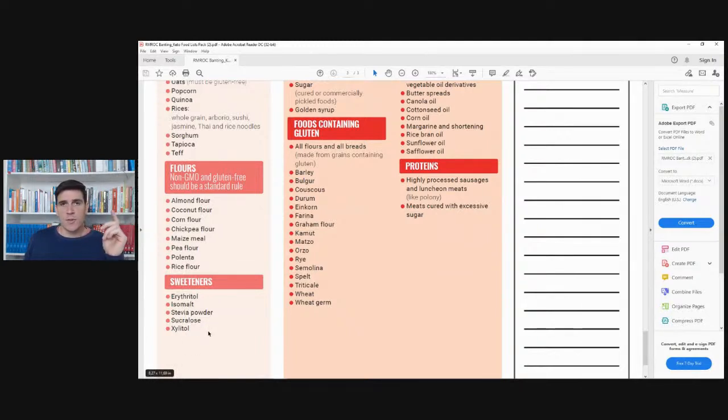Finally, the artificial sweeteners, which we are more okay with, are erythritol, xylitol, isomalt, stevia, and sucralose. These are non-nutritive sweeteners, and many people disagree about which sweeteners are okay and not okay. In my opinion, a lot of them are still processed.